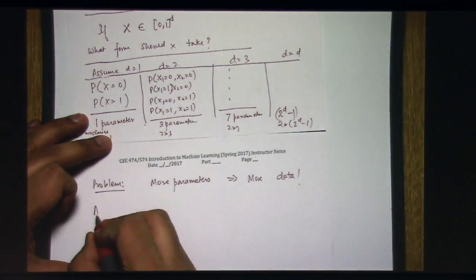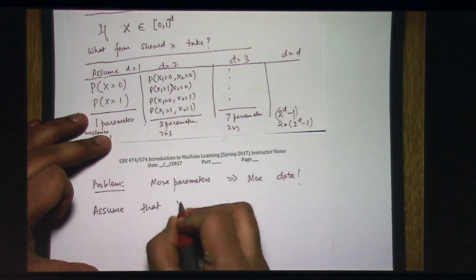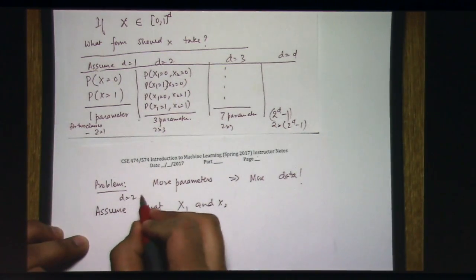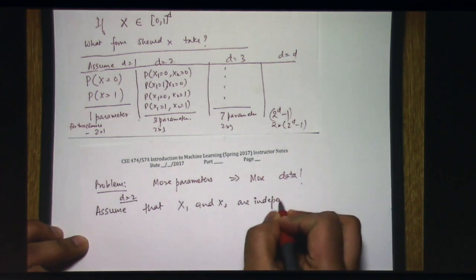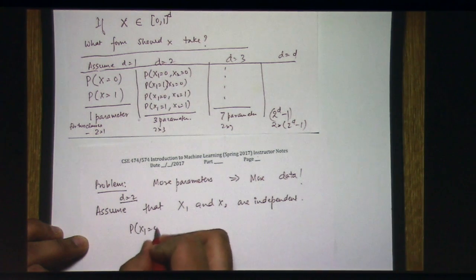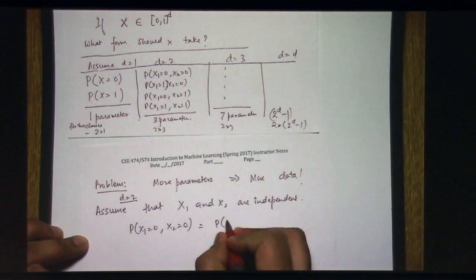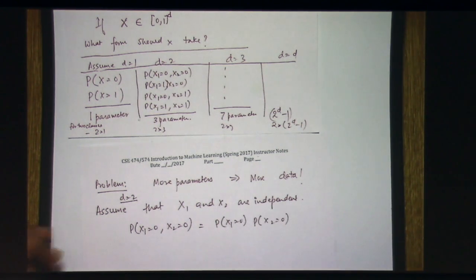Assume that x1 and x2, let's say our d is 2, are independent. What independence means is that the joint probability is just the product of the individual probabilities.